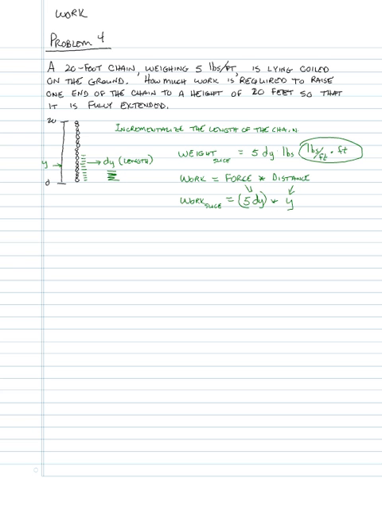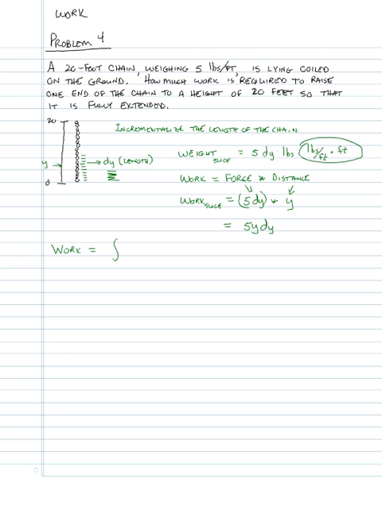That distance is Y. So our work of lifting that slice to the level that it will be 5y dy. Okay, well, the work to lift the entire chain, this is the total work, will be an integral.